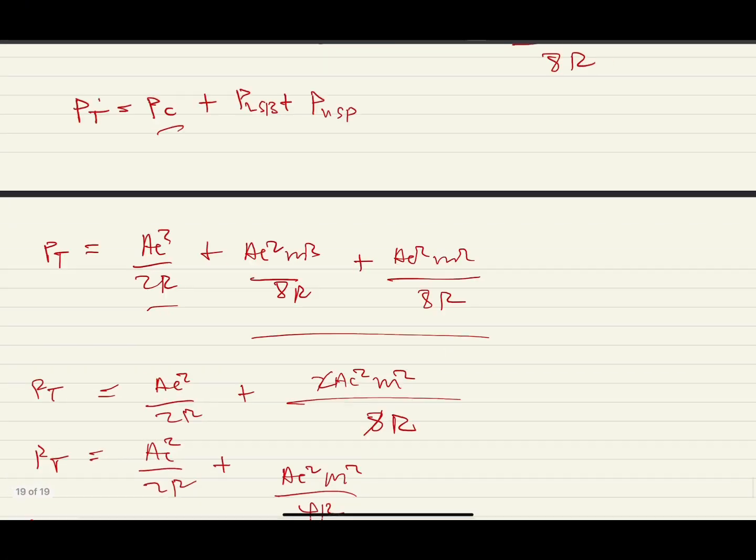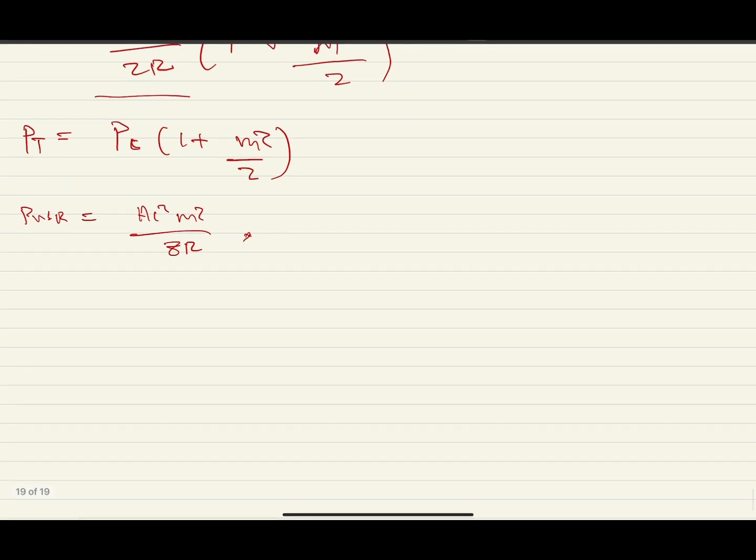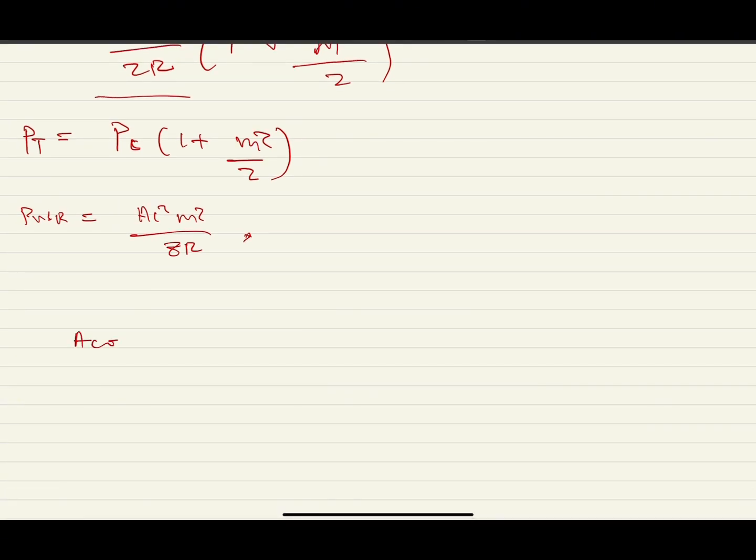Let's write them here. So now AC equal to A max plus A min, AM equal to A max minus A min.